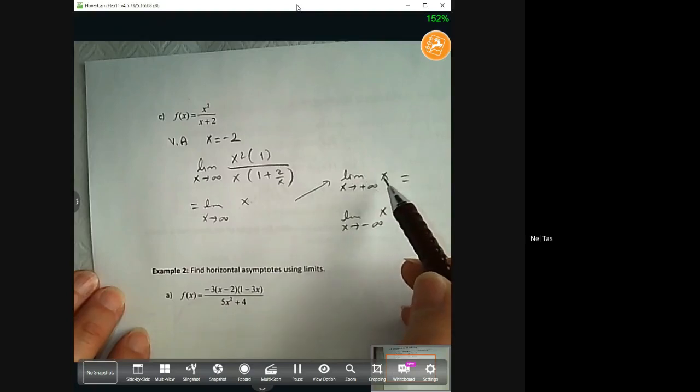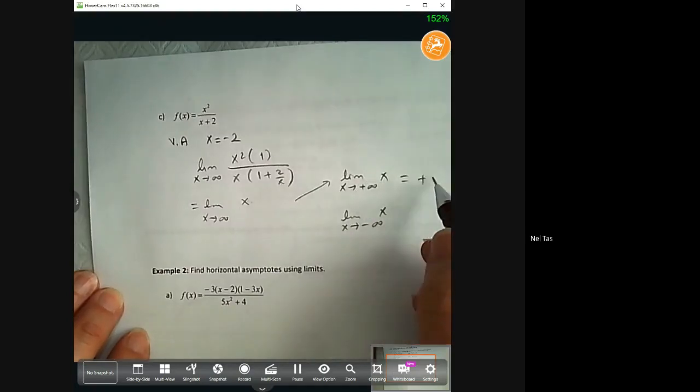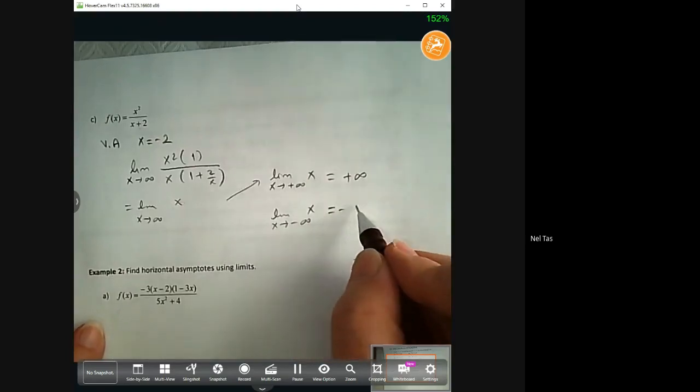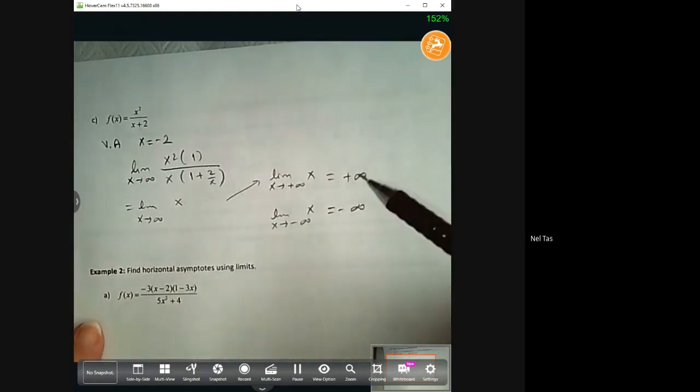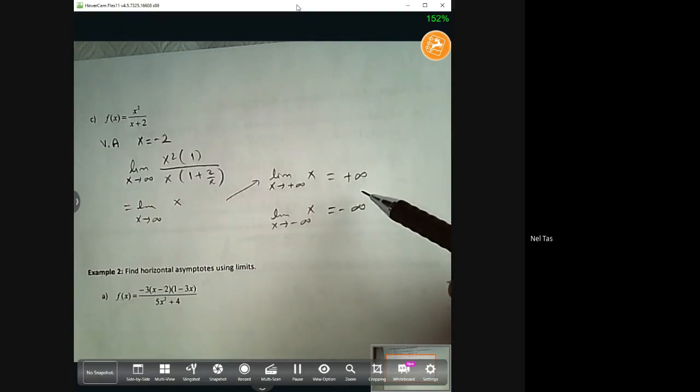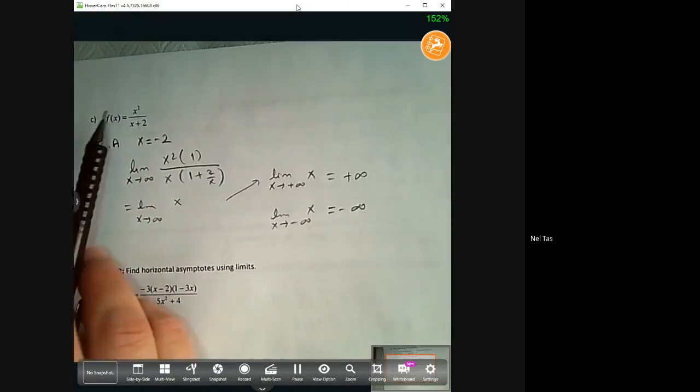The limit of x as x approaches positive infinity is positive infinity, and the limit of x as x approaches negative infinity is negative infinity. As you see, we did not get a certain number here. If we ended up with, let's say, 2, then you would say y equals 2 is a horizontal asymptote. But in this case, we got infinity. This is telling you that there is no horizontal asymptote, okay? And we already knew right from the beginning that we would have an oblique asymptote there.